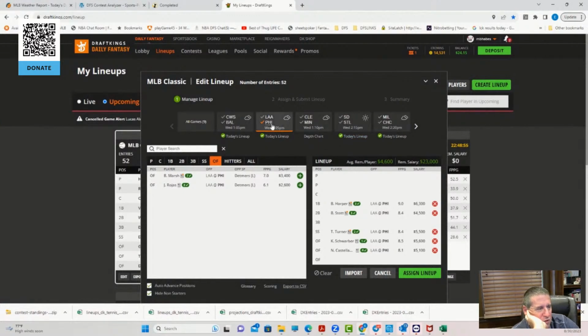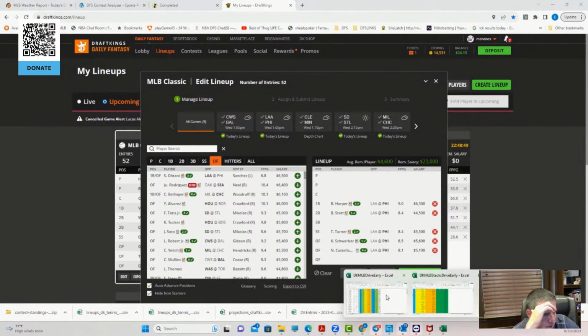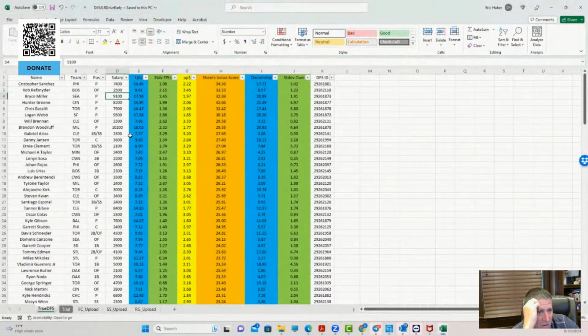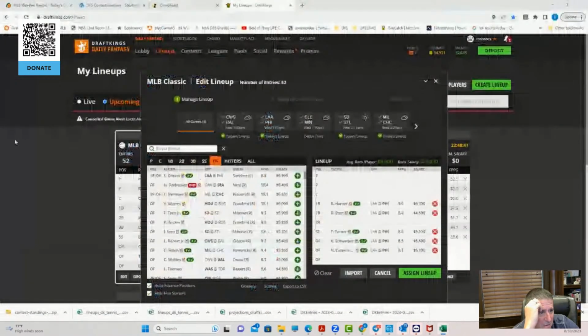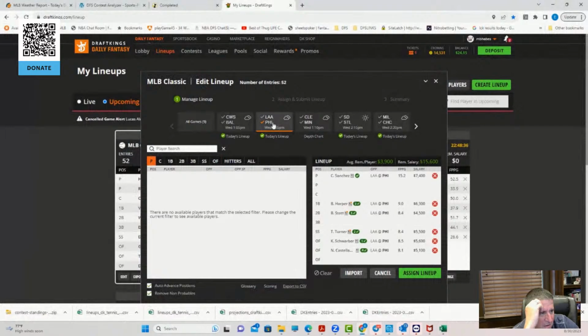So which of those pitchers that we identified fit in here? Probably Sanchez makes a lot of sense, right? You get a little correlation there. So why don't we start with that? Put Sanchez in there.